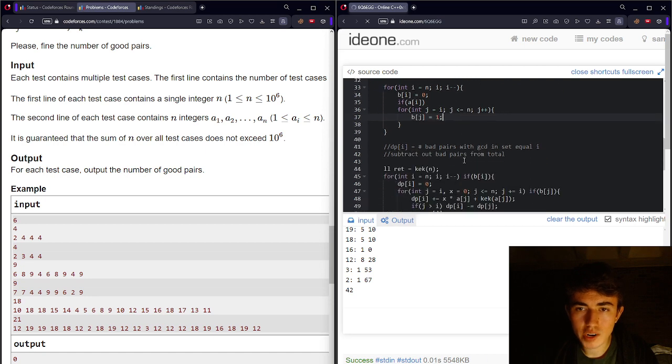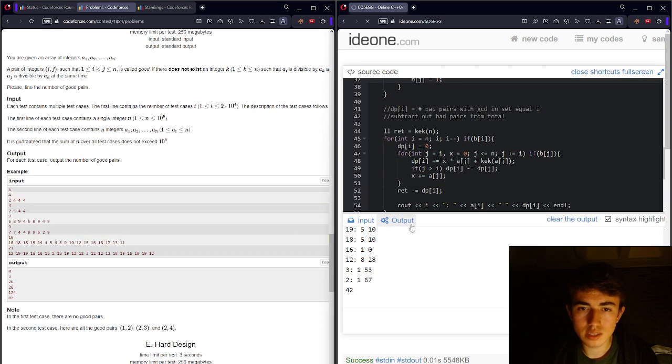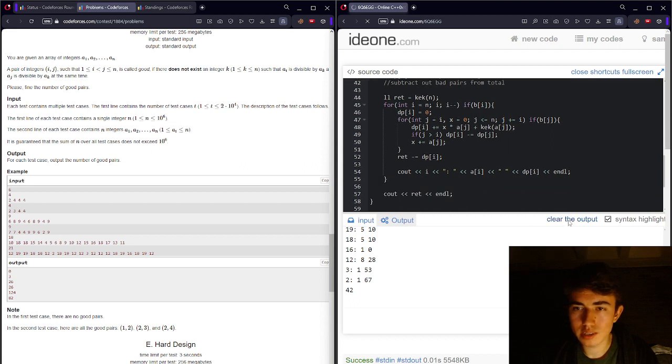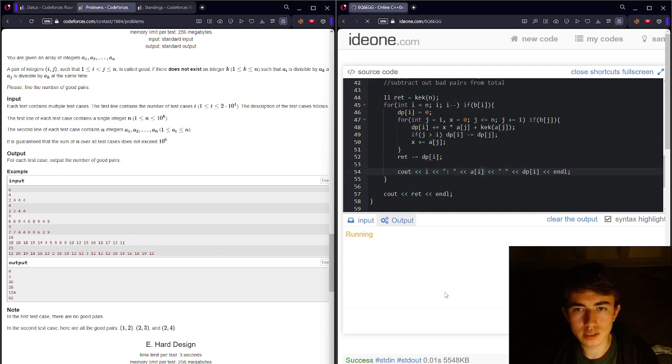So now we're marking all values that are multiples. And now we just do this. That basically fixed it, right? Okay, that was pretty dumb.